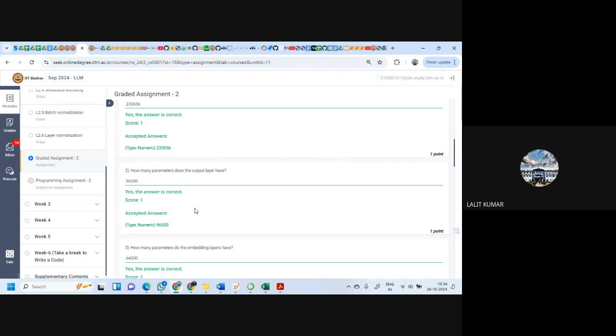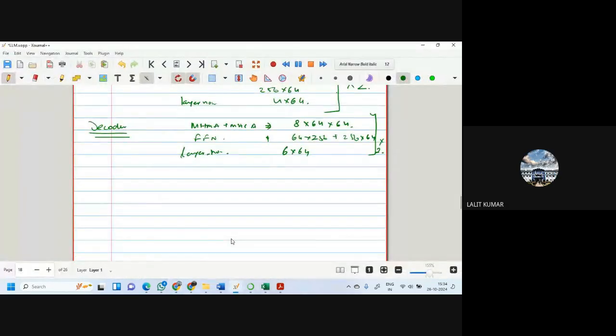It is straight away. Is that okay? Yes, sir. So parameters of the output layer are nothing but vocab size into D model. You can multiply that, you will get the answer.